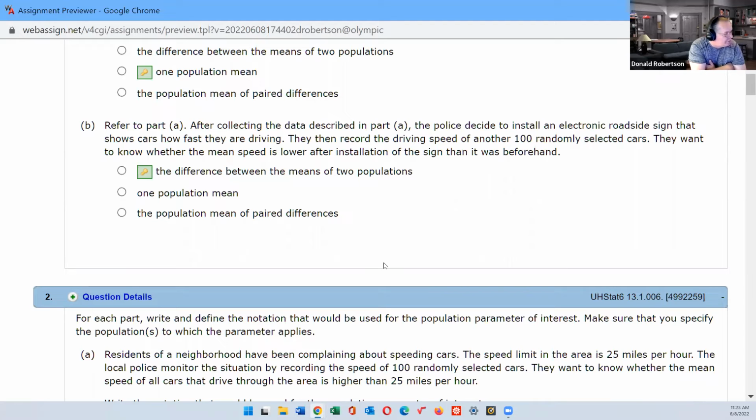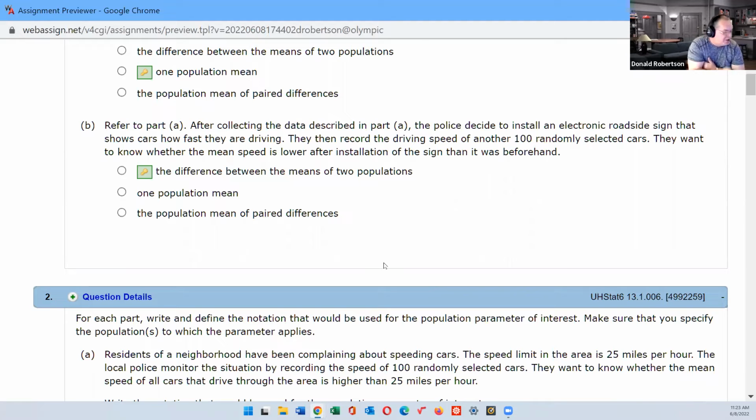And so the police decide to install one of these, and they hope that it's going to reduce the speed of the cars that are using that street. And so they record another, different cars, I'm assuming, 100 randomly selected cars, and they want to know whether the mean speed is lower after the installation of the sign than it was beforehand, right?